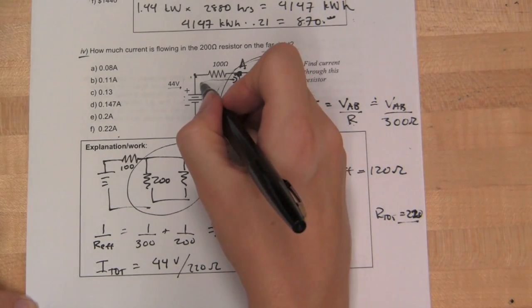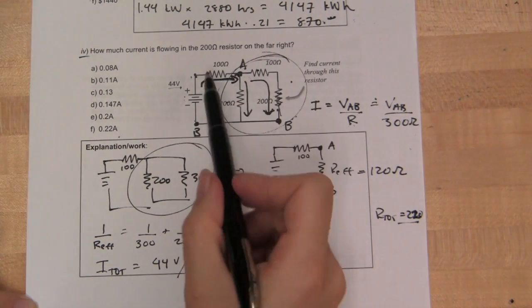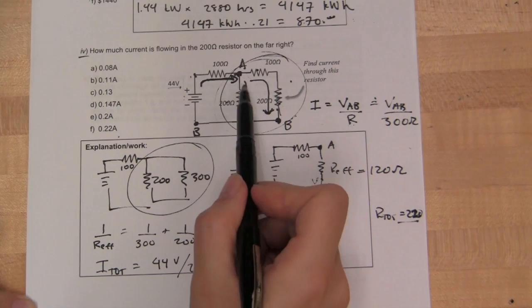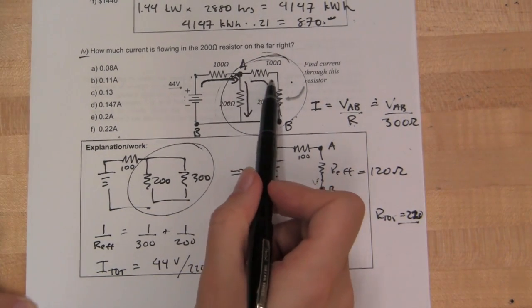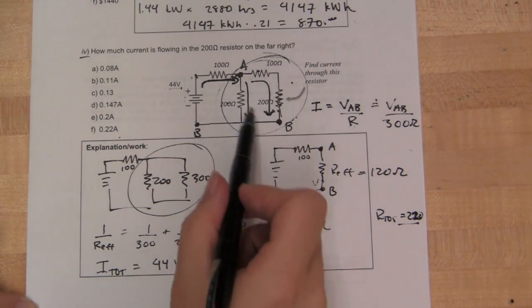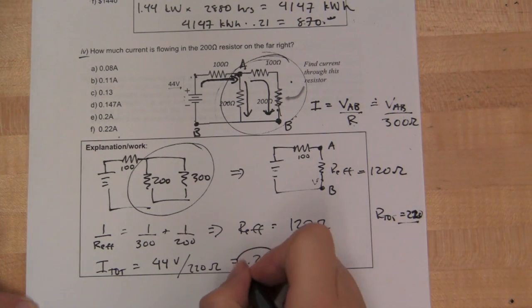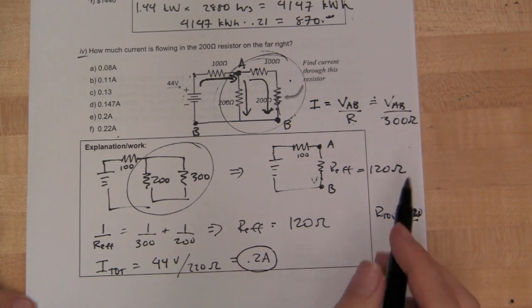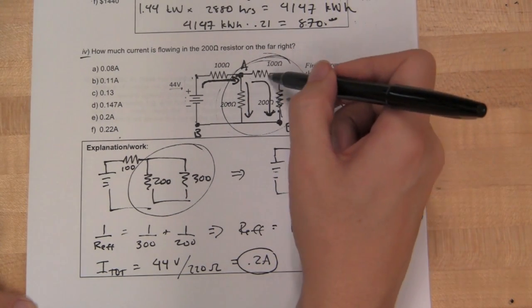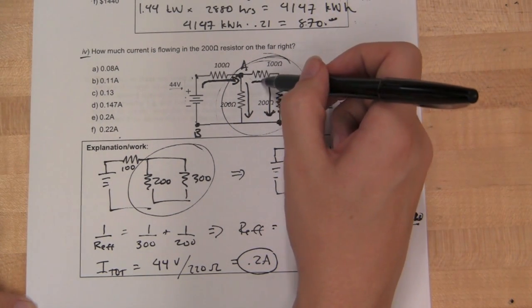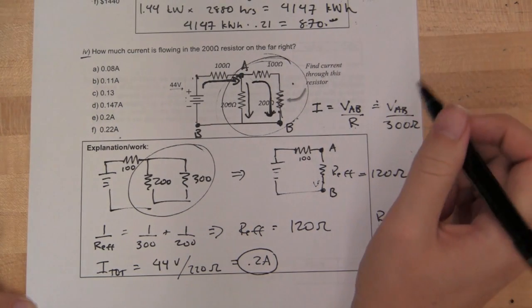And that 0.2 amps is what's flowing through this resistor, and then part of that 0.2 amps will go through here and part will go through here. And then it recombines and 0.2 amps will go back into the battery. So we have 0.2 amps going through the circuit, and some of that is going through this resistor here.